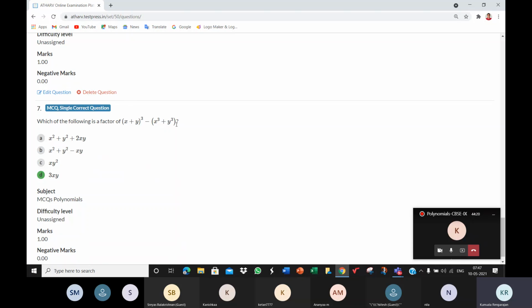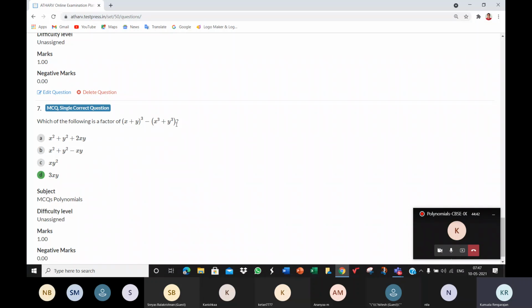So open the bracket, we get minus x cubed minus y cubed. Now what happens? X cubed minus x cubed cancels out. Y cubed minus y cubed cancels out. So we are left with only two terms.